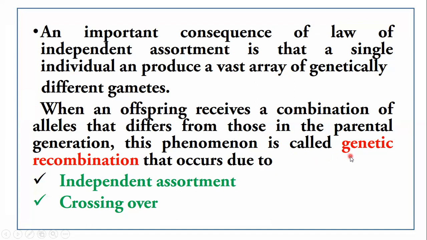So the non-parental phenotypes in the offspring were due to genetic recombination, and genetic recombination occurs due to independent assortment or due to crossing over. So non-parental offspring are also known as recombinants. So that's all about the laws of inheritance.